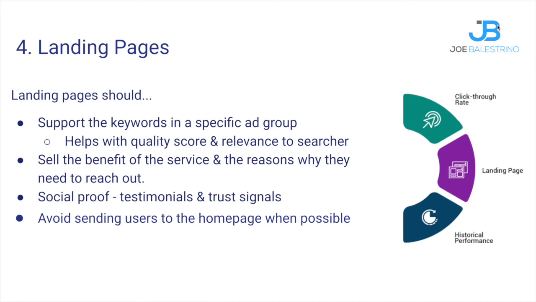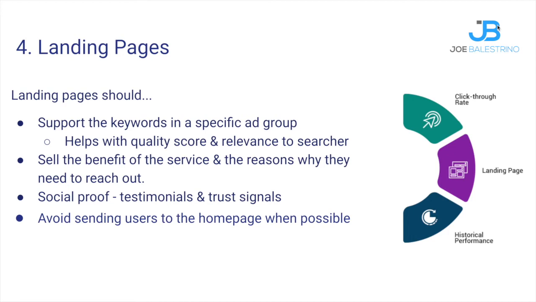And avoid sending users to the homepage when possible, especially if you're a home improvement company and you do kitchen remodeling and bathroom remodeling. Don't set up an ad group for kitchen remodeling and then dump them on the homepage of your website. You want to send them to that particular section because they're going to want to see before and after photos and testimonials from people based on that service.